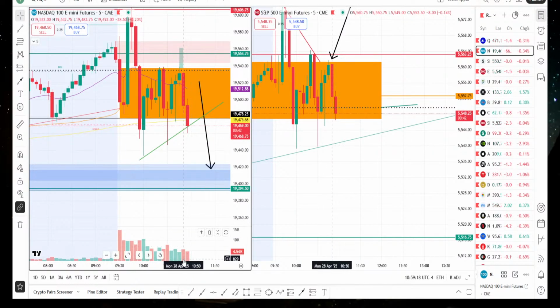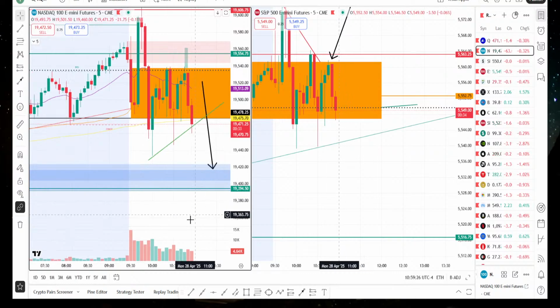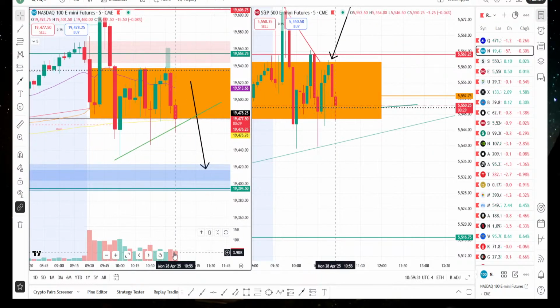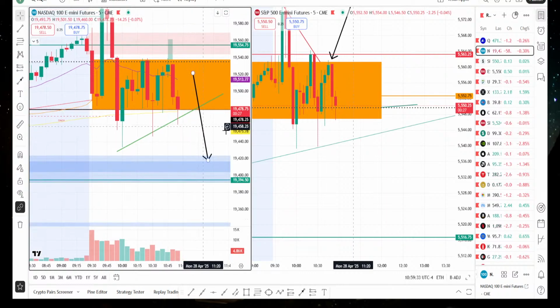We get maybe a little spike in volume here too. We get a little spike in volume as we go down. Ooh, it's almost guaranteed. Just a little spike in volume and just a little push, man.